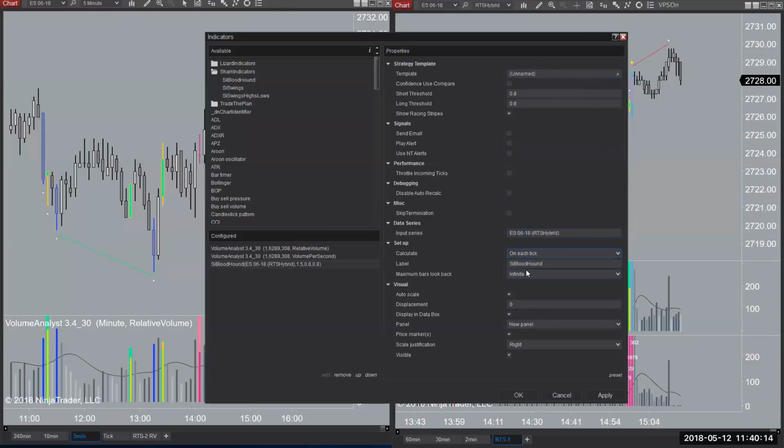Bloodhound has to be set to, I think we might be able to get away with setting it to only calculate on each price change, as long as the indicator that we're reading is set up the same exact way.